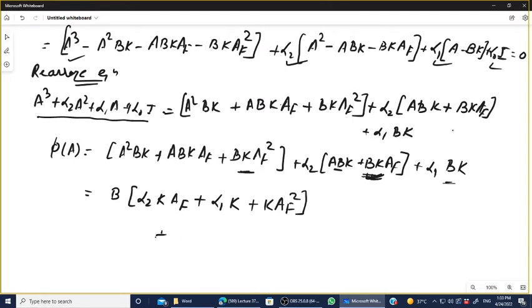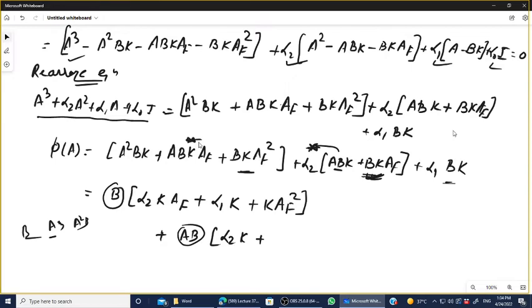Then plus, take AB as a common, because we need B, AB, A square B type terms. So first we have taken the common B, then we have taken the common AB, then we will take the A square B. When you take the AB from the remaining term, it will give alpha 2 K, then this term, and then KAF, that means AB, this term.